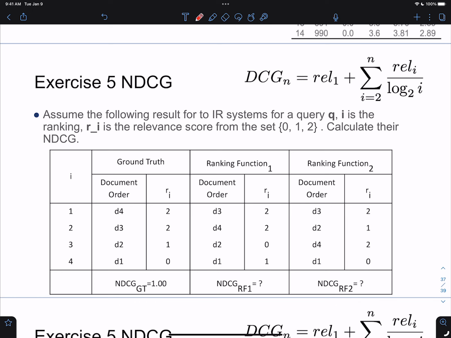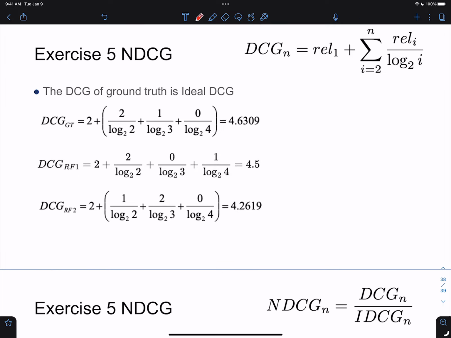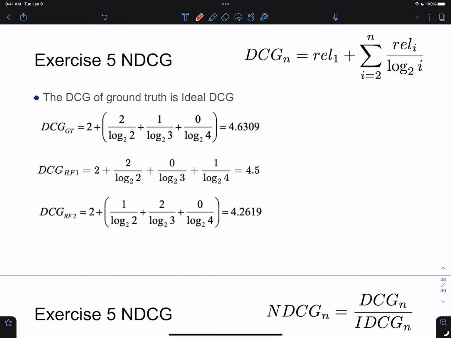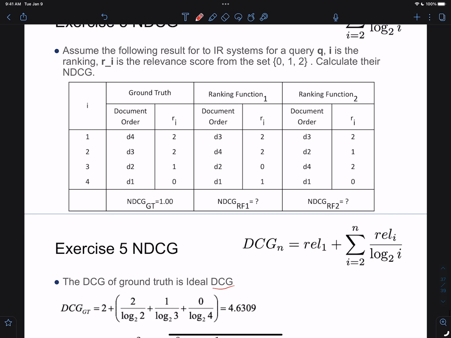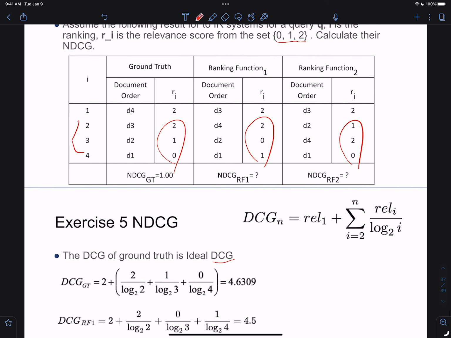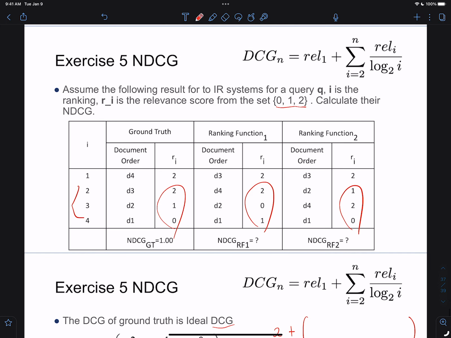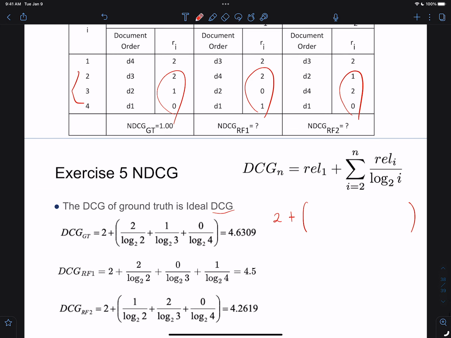So essentially, what you want to do is compute the discounted cumulative gain of the ground truth, which is the ideal DCG. So if you look at the table here, we're given the set 0, 1, and 2, so we care about these values in each. For the discounted cumulative gain at the ground truth, it's just 2, because that's the relevancy that we have, 2 plus, and then you take the sum of each value here.